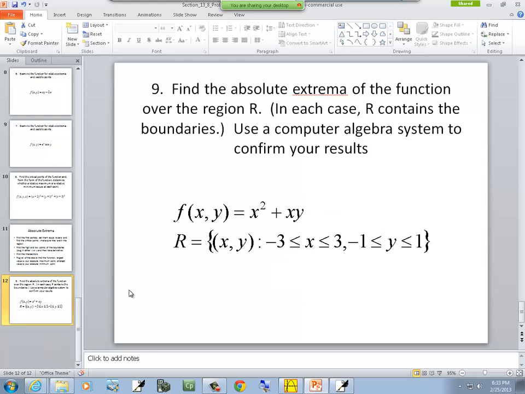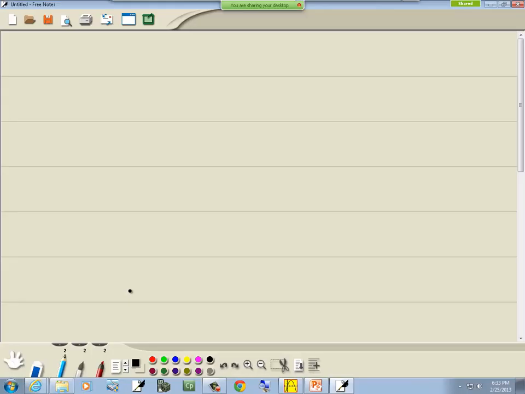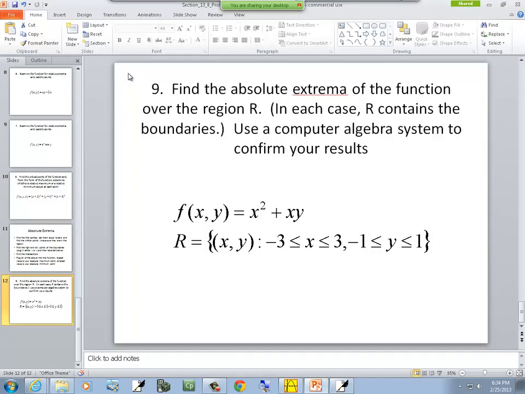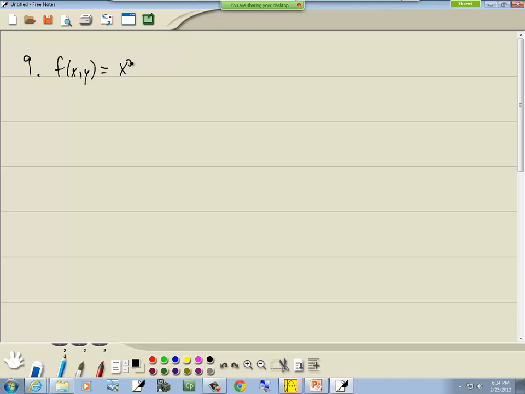Let's take a look at this one. We got f of xy is equal to x squared plus xy.